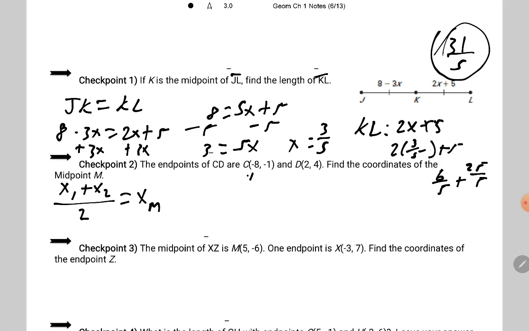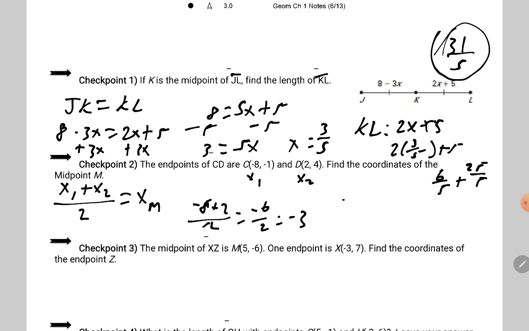So here's my x1, here's my x2. It doesn't matter which one you label x2, x1, as long as you keep the other one the same. So -8 plus 2 divided by 2 is -6 divided by 2, which is -3. So that's my x-coordinate.